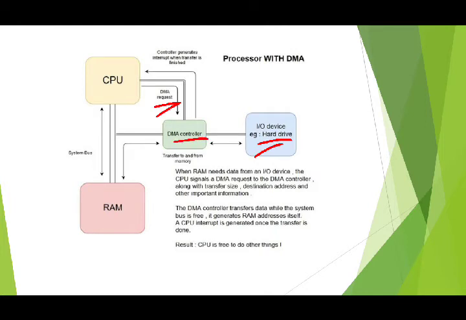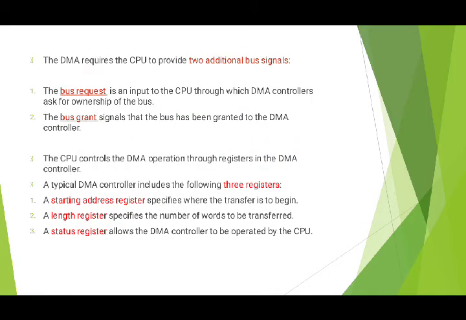Along with the transfer size, destination address and other important information, the DMA controller transfers data while the system bus is free. It generates the RAM address itself. A CPU interrupt is generated once the transfer is done, and the result is that the CPU is free to do other things.